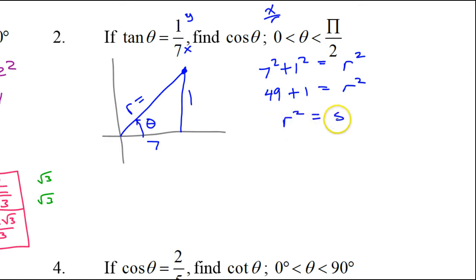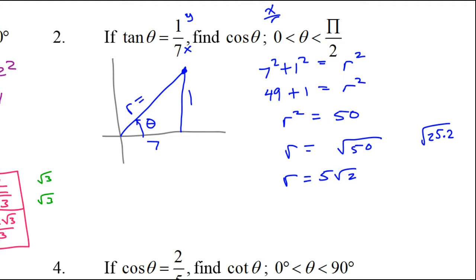So r squared equals 50, just flipped it around. So r is equal to, and normally we would say plus or minus the square root of 50, but the radius is always positive, so I'm just going to say square root of 50. All right, keeping in mind that 50 is 25 times 2, then r is going to be 5 radical 2.